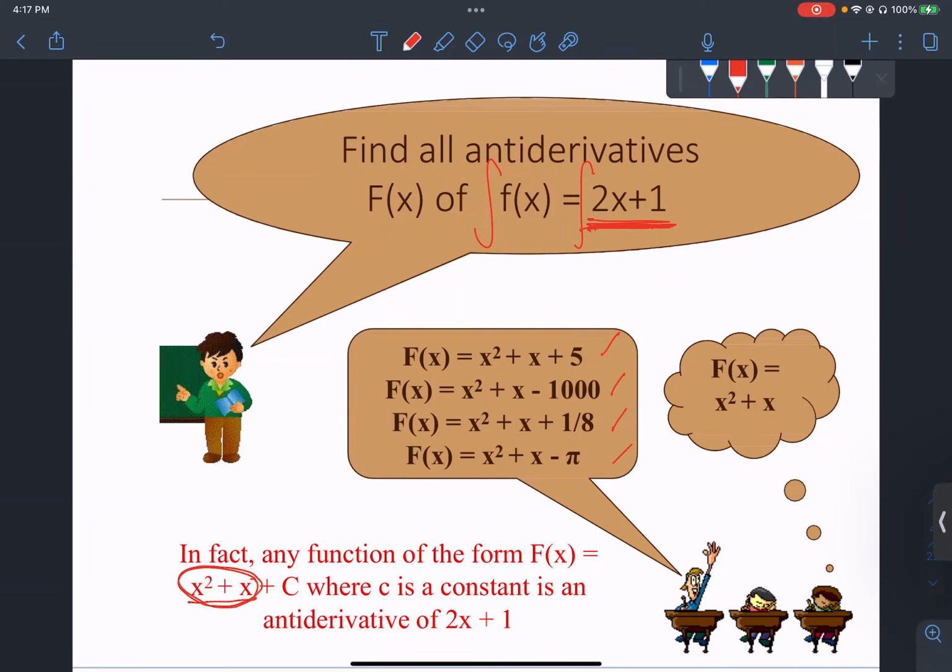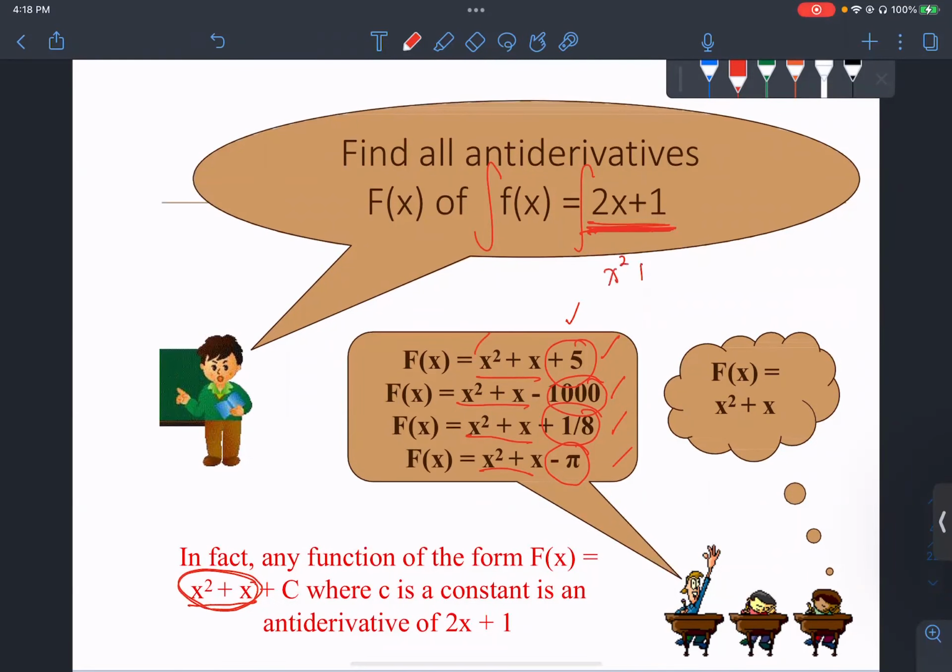However, as you can see here, they are all x squared plus x. The difference is the plus 5, minus 1,000, plus 1/8, and negative 5. If we find the antiderivative of 2x plus 1, there will be no way for us to get the plus 5, the minus 1,000, the plus 1/8, and the negative 5, because when you integrate this, the answer will just be x squared plus x. But as you can see, our original function contains a constant.